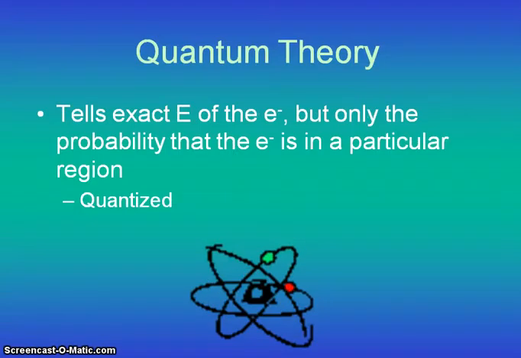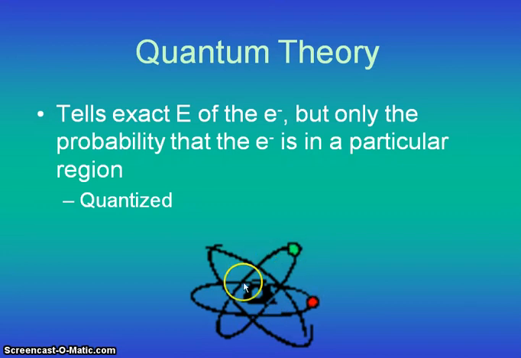Quantum theory tells us the exact energy of an electron, but only the probability that that electron is in a particular region. It's very difficult to pinpoint both its location and its energy at the same time. So for instance, in this little diagram here, you can see the electrons orbiting around the nucleus.